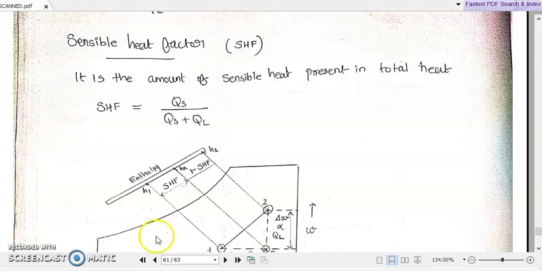The sensible heat load is with respect to simple cooling or heating of the air, while the latent heat load is represented by increase or decrease in the water vapor content. Then with respect to this discussion, let us consider another important term called sensible heat factor or SHF. It is the amount of sensible heat as a percentage of the total heat content, or QS by QS plus QL. Sensible heat factor is how much percentage of the total heat load is the sensible heat load.